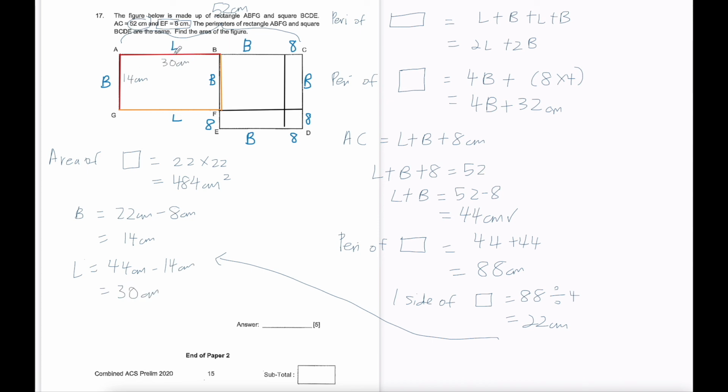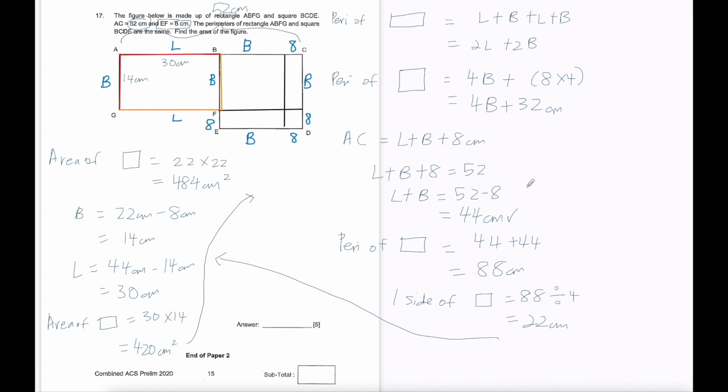30 plus 14 is 44. So our area of the rectangle is 30 times 14, which equals 420. Final step is to add both together, because the area of the figure is both of them added together. It's a bit messy, but try and follow.